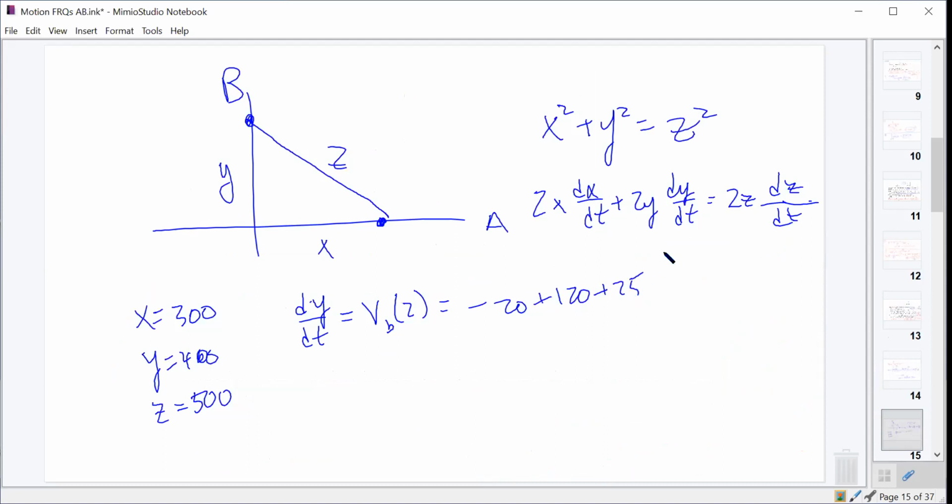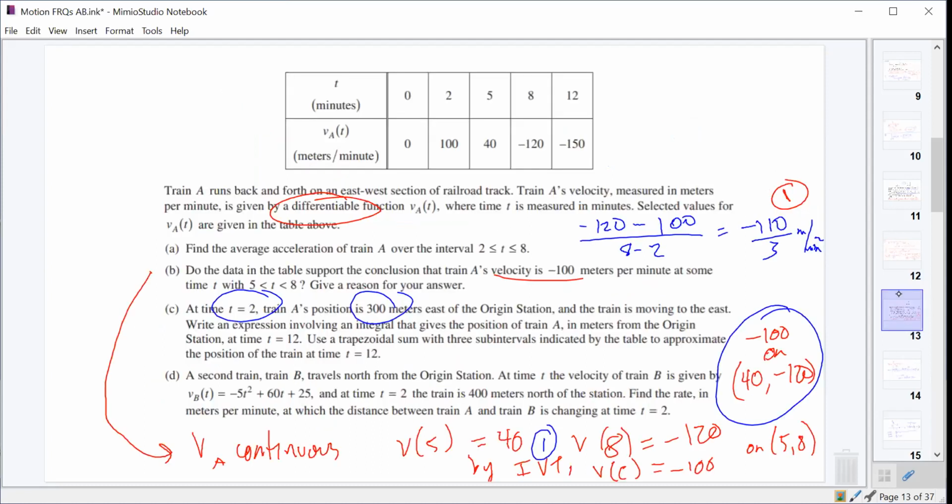So that ought to be 125. And then our dx/dt, which is the velocity of train A at 2, we should be able to just find from the chart. That one should just be 100.